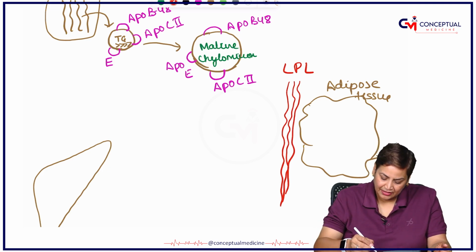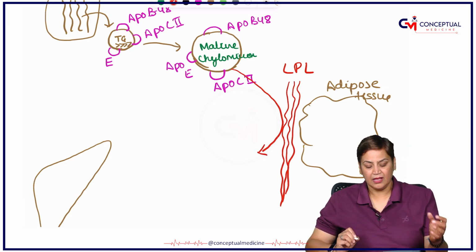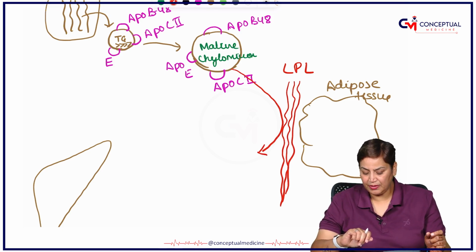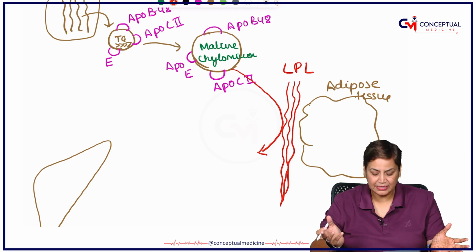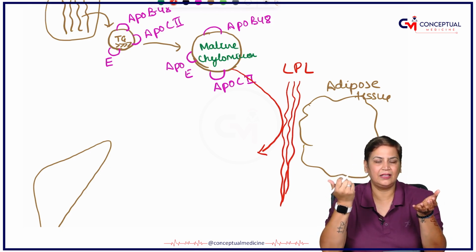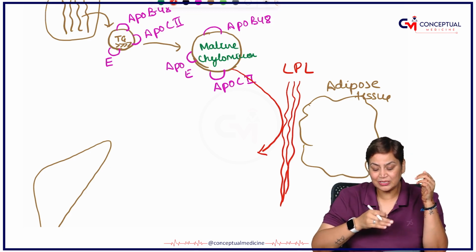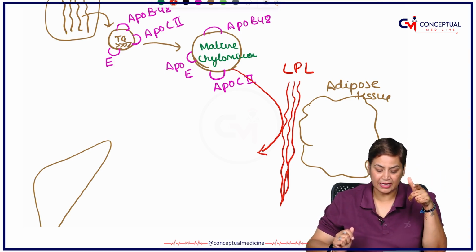The moment this enters here, whatever TGs are there, these TGs will be broken, these TGs will split up. Means the function of LPL is to extract the TGs from chylomicrons and VLDL to send them to the adipose tissue.